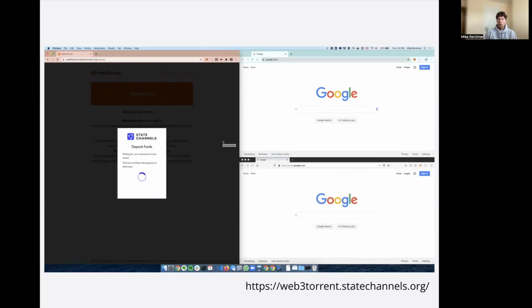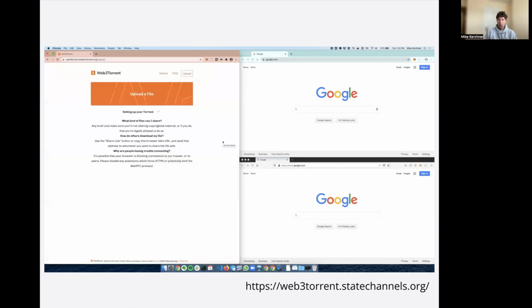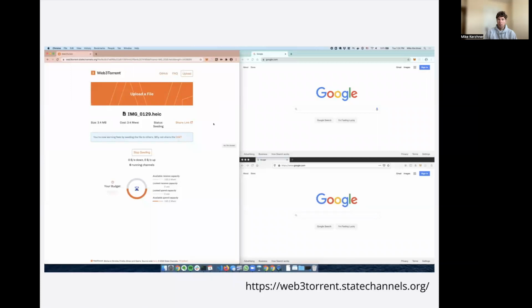The node on the left is going to upload a file, and then the nodes on the right will be downloading that file. The nodes on the right will be paying for those file downloads with ETH, in this case, test ETH.